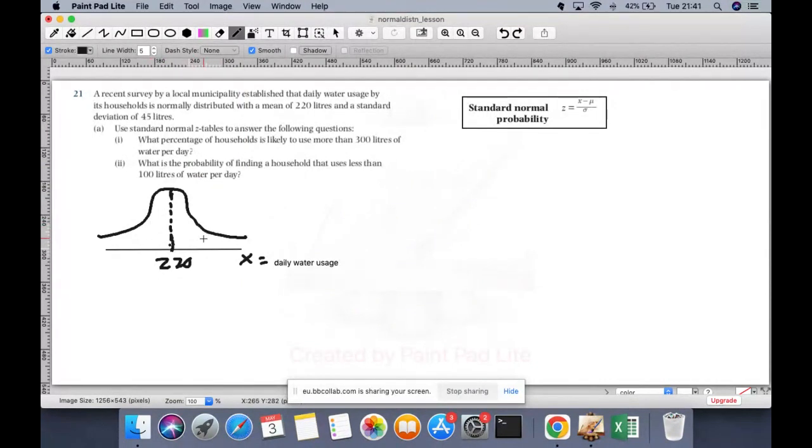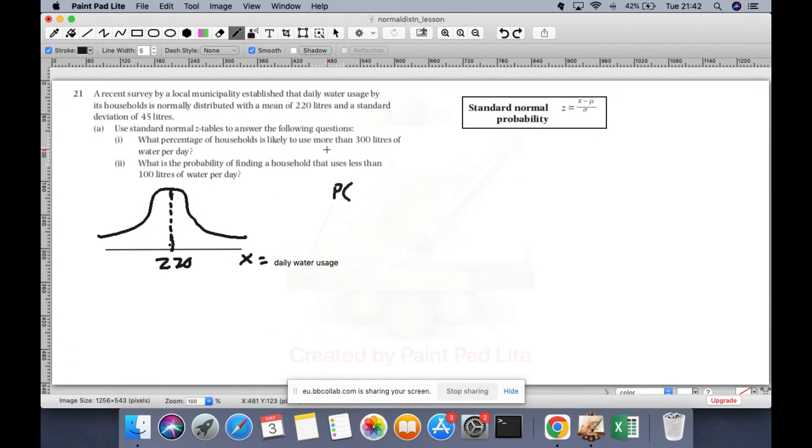All right, so this has a good property in that we have a table that can actually give us these probabilities. So the first question says use the standard normal Z tables to answer the following question. What percentage of households is likely to use more than 300 liters per day? Now, what they're saying is, what's the probability?